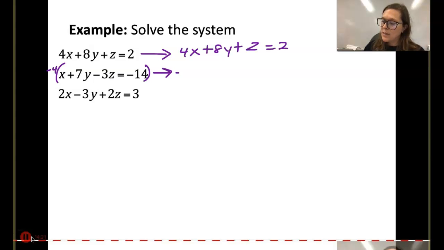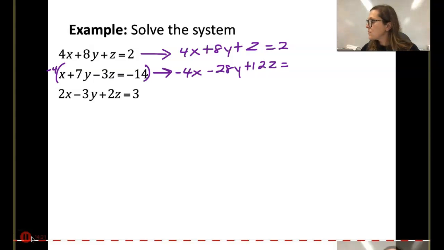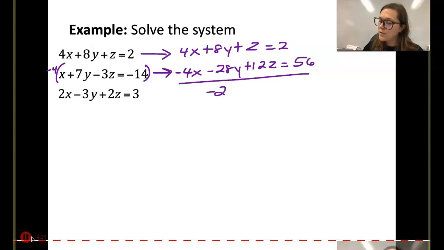My second becomes -4x minus 28y plus 12z is equal to 14 times 4 is 56, and the negatives cancel. Adding up and down gets me -20y plus 13z is equal to 58.